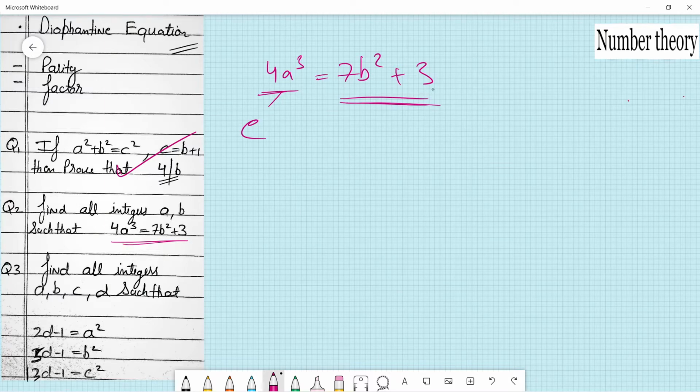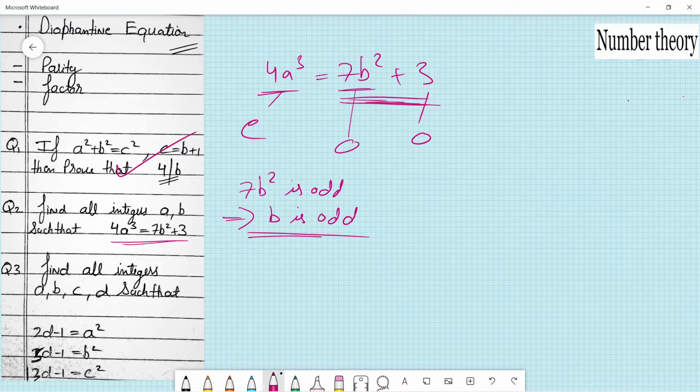We observe this is odd, so for this side to be even, this term has to be odd. So from here we got 7b square is odd. This implies b has to be odd, because if b is even, this term will become even, so b has to be odd.